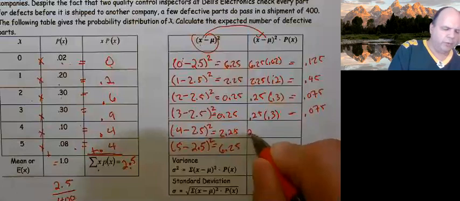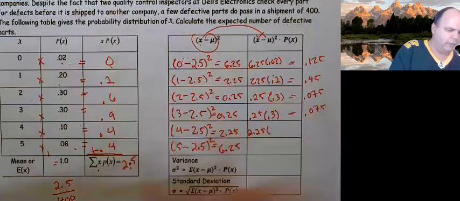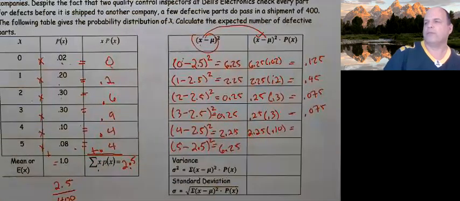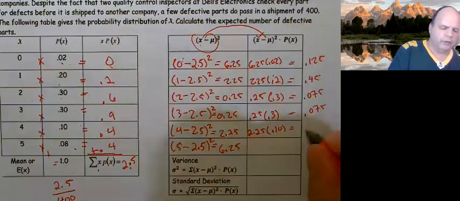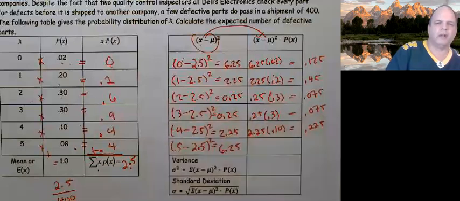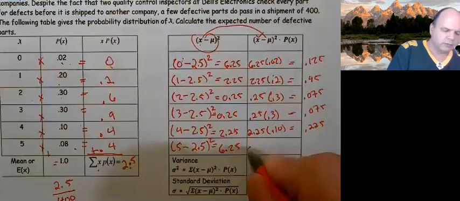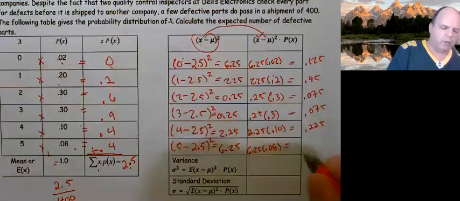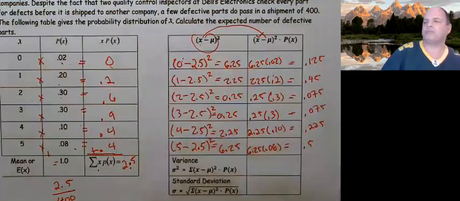And then we have 2.25 times 0.1, and that's 0.225. Then we have 6.25, and that equals 0.5.